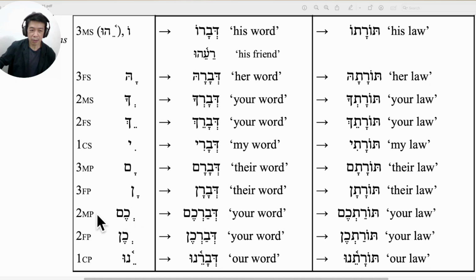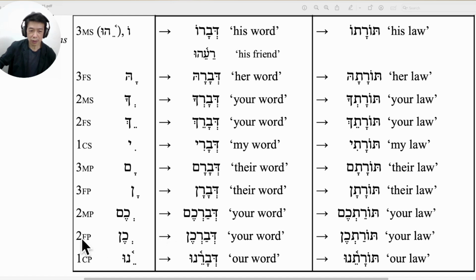For second person masculine plural, chem is added at the end of the word. So your word becomes Devarchem. Your law becomes Toratchem.